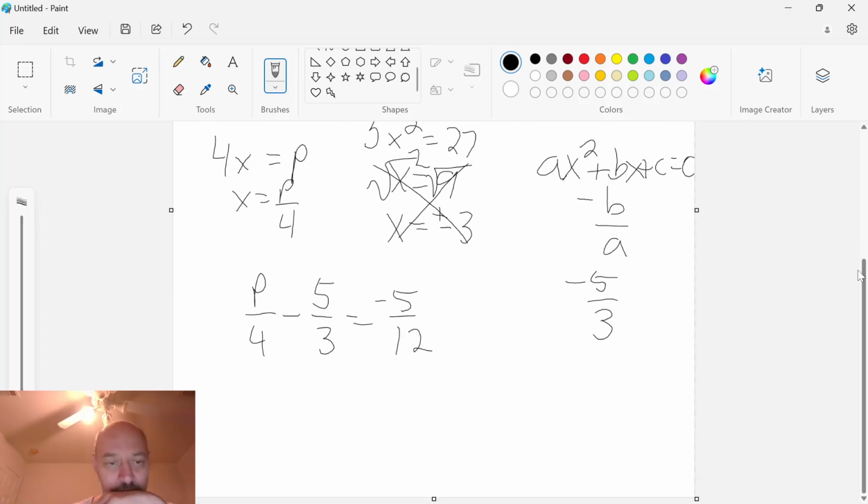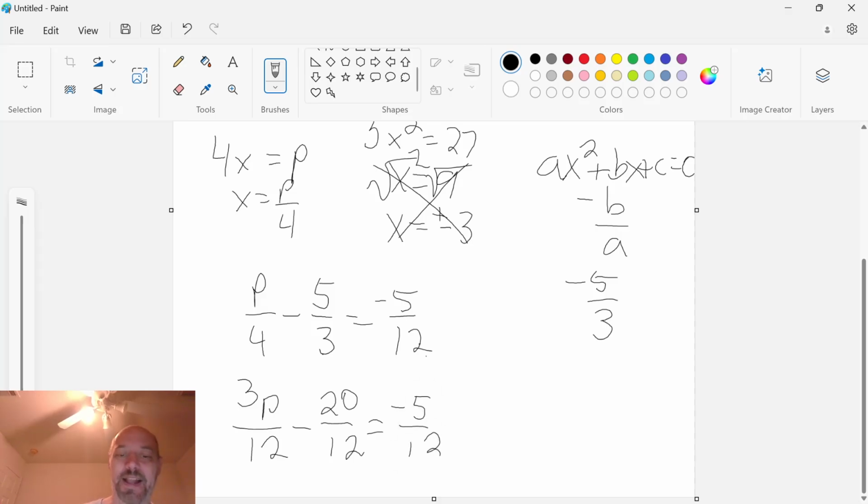And I want to get everything over 12. 4 goes into 12 3 times. So this is 3p over 12 minus, 3 goes into 12 4 times, 4 times 5 is 20, minus 20 over 12 equals minus 5 over 12. I will add 20/12 to both sides, so this term goes away, plus 20 over 12.